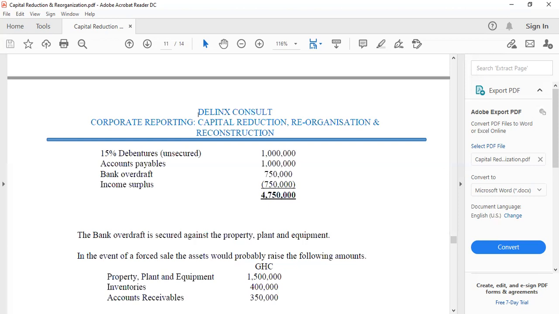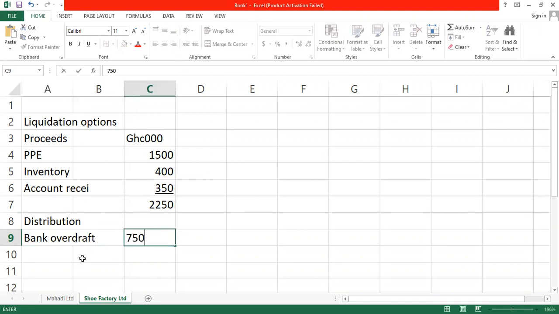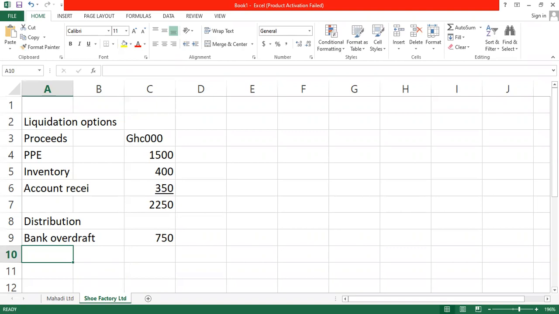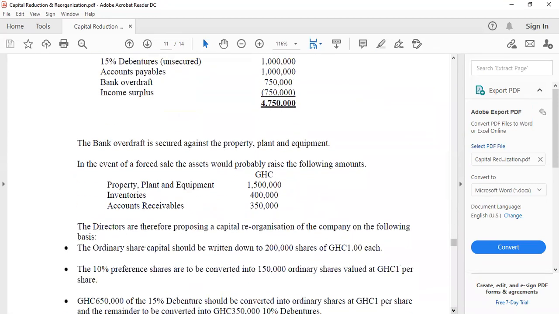How much are we realizing from the PPE? We are realizing more than that, isn't it? So we can pay all the bank overdraft, which is 750. We can pay all of it. Are we okay? Let's move on to the next one.